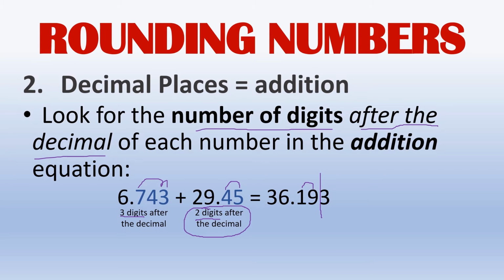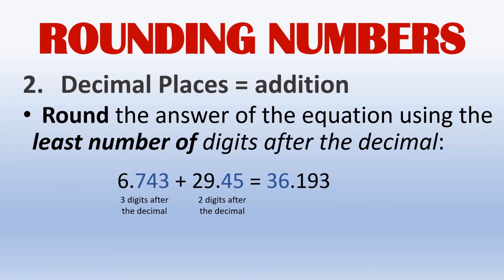Since this 3 is a 4 or below, less than the halfway marker, we're just going to leave this at 1, 9. So the answer, when it's rounded, should be 36.19. Oops, sorry, I'm writing with the mouse. 36.19. There you go.